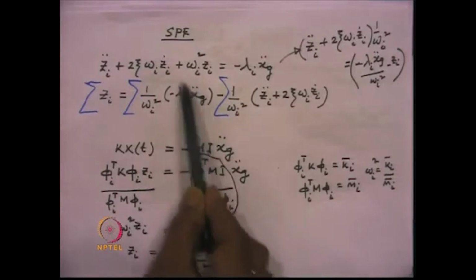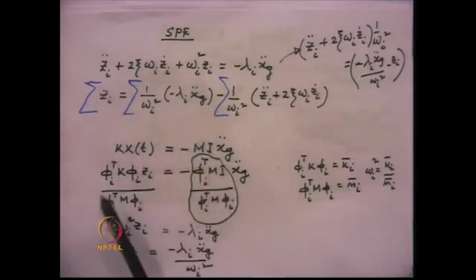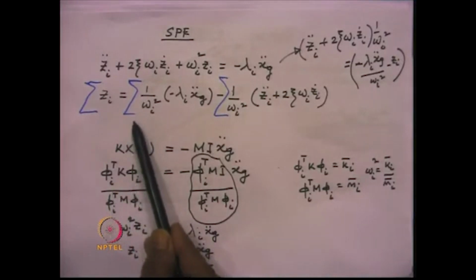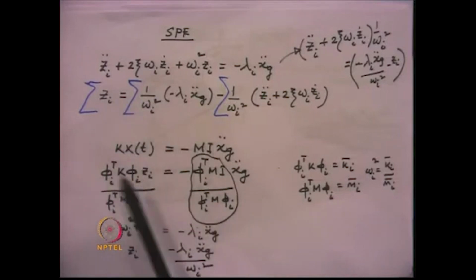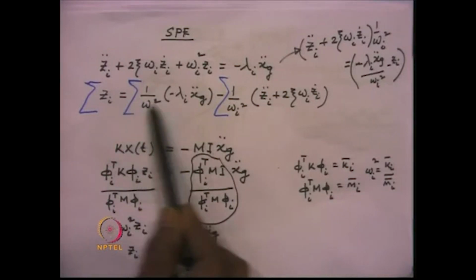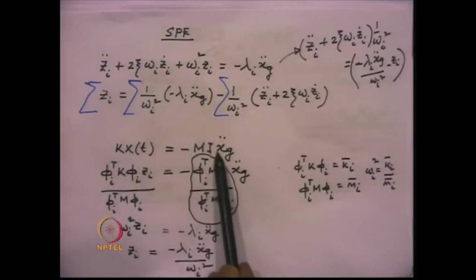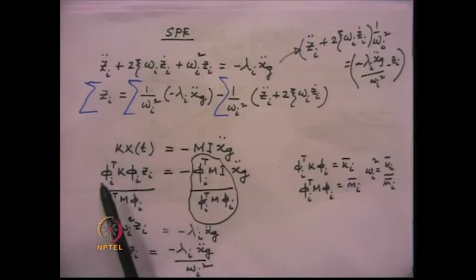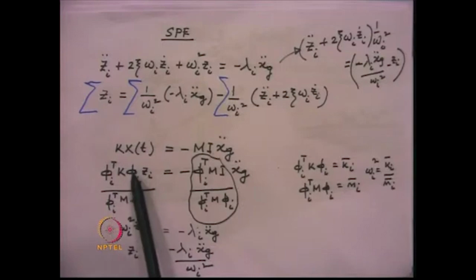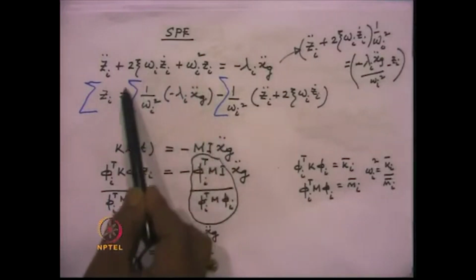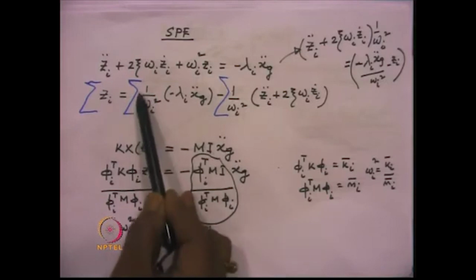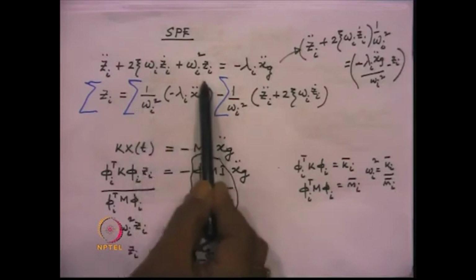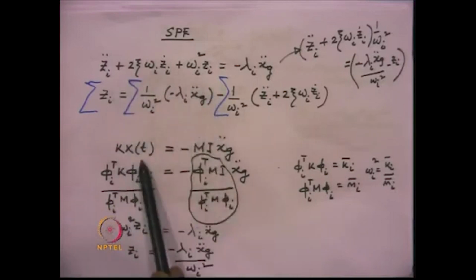Now, in this quasi-static part, it is possible to consider the contribution of all the modes, that is all n modes, because if we solve this quasi-static equation, then we can straight away get the value of x t, the quasi-static response of the system, and one can replace this entire summation. Of course, it should be multiplied by phi I also, the mode shape coefficient. So, we can replace this entire thing by the quasi-static response.